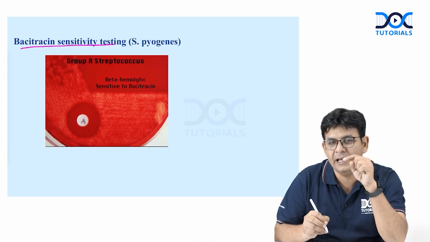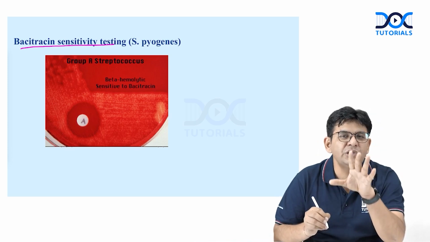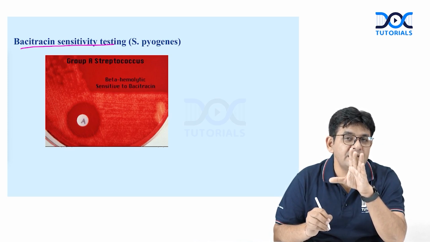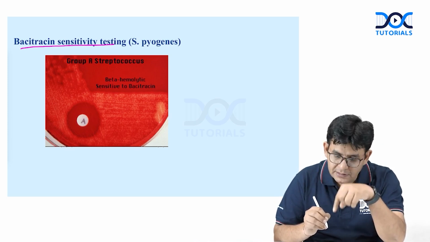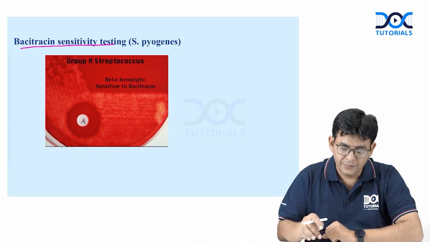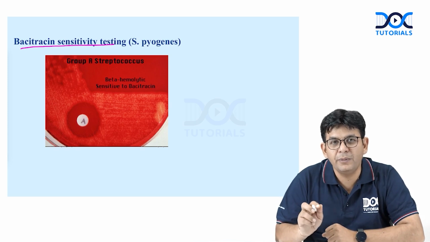Streptococcus. Then only it will be able to perform this test. Or you can directly do this test on blood agar. This question can come: which is an exception to that Kirby-Bauer disc diffusion testing, in which we do not do it on MHA, we can do it on blood agar. This is that exception, because otherwise Streptococcus will not grow at all.